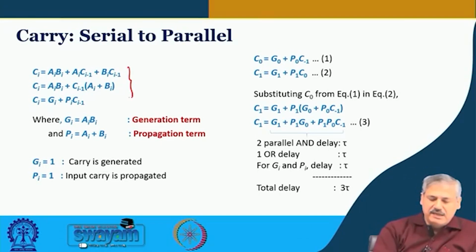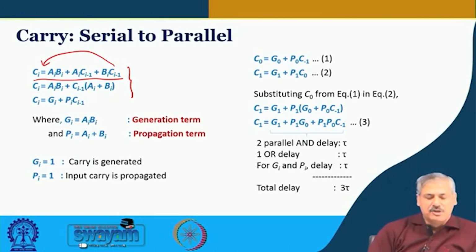This is the basic carry generation equation, right, and we see that there is a recursive kind of activity within the equation. So, C i generation is waiting for C i minus 1, C i minus 1 will wait for C i minus 2, C i minus 2 will wait for C i minus 3. So, it is happening in cascade, serially one after another, because of which the delay is getting accumulated. Okay. So, the method that we shall try is to make this process parallel instead of serial.